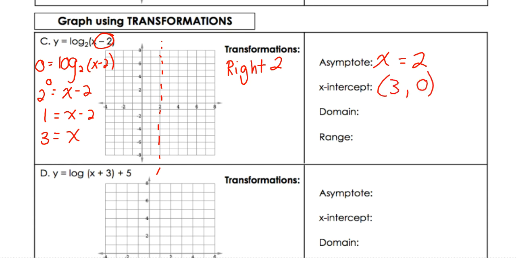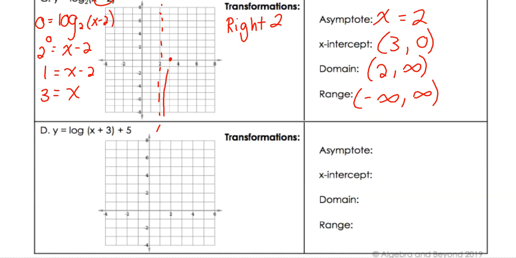I know for my asymptote that my domain now goes from 2 to infinity, and my range is negative infinity to positive infinity. All right, so based on those transformations, since we're not using a table this time, we're just kind of guesstimating with our key points that we know here. So I know it's going to go through there, and it's down here, comes up, and curves.